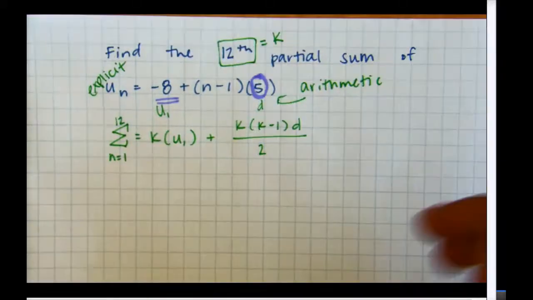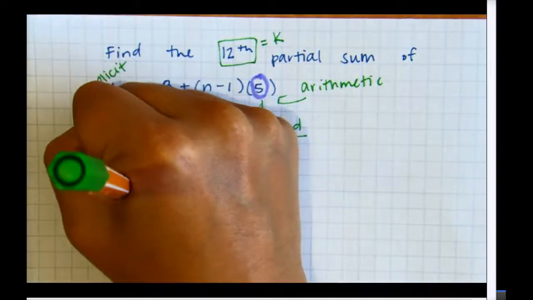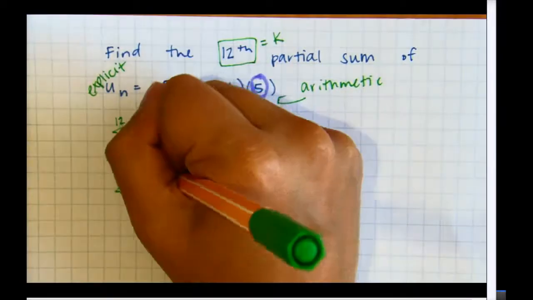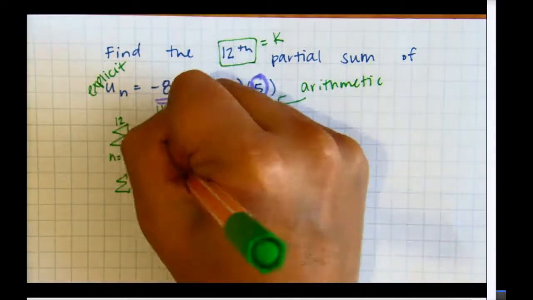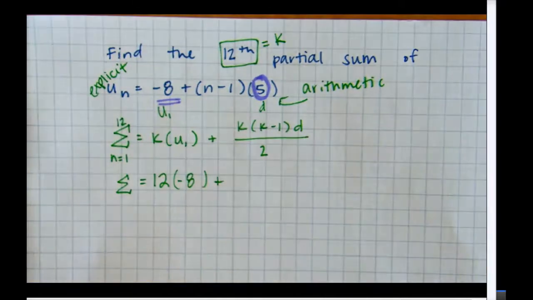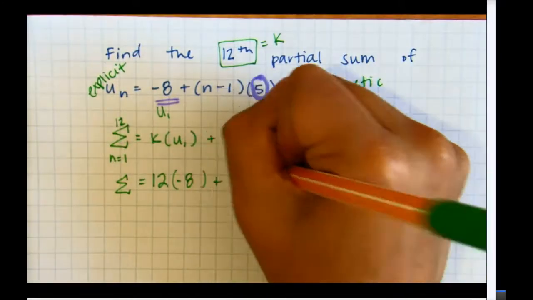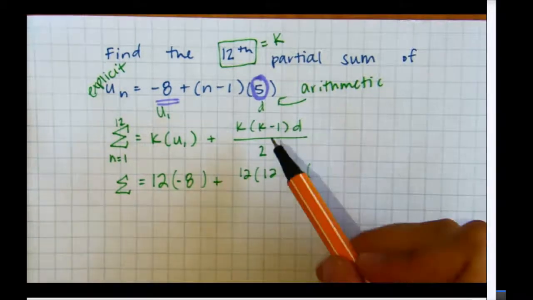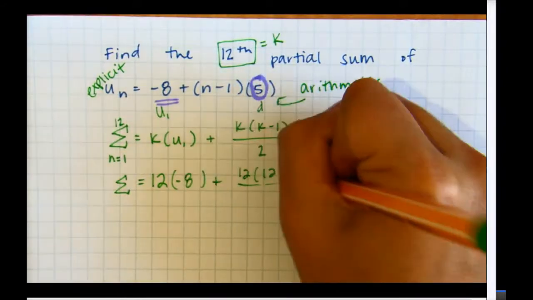Okay, so now I'm going to substitute everything in. So my sum is equal to, k is equal to 12, times my u sub 1, which I know is -8, plus, and now I've got a bunch of k's, so 12 times 12 minus 1 times my difference, which is 5, all over 2.